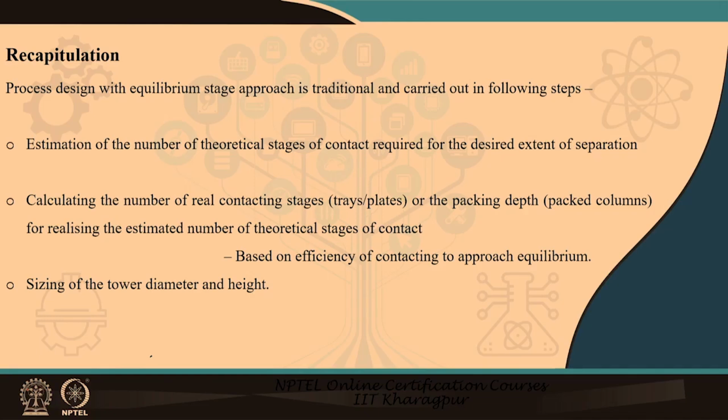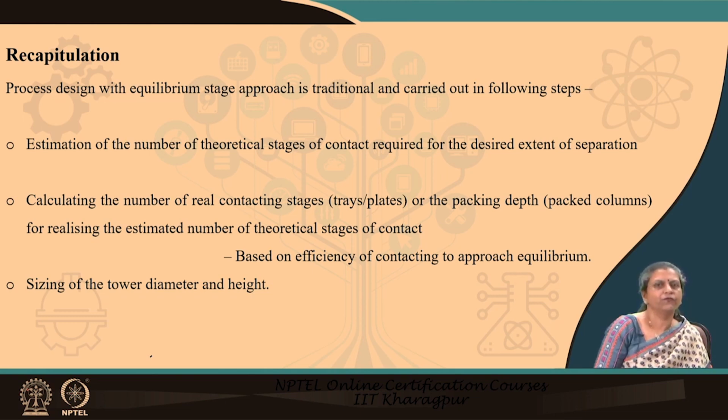So, just a recapitulation, if you remember, it was told to you that the process design, in this case, is an equilibrium stage approach, where we decide how close we are to the equilibrium, and based on the equilibrium and the operating line, we decide the number of stages. This is the traditional approach to find out the number of stages in contacting towers.